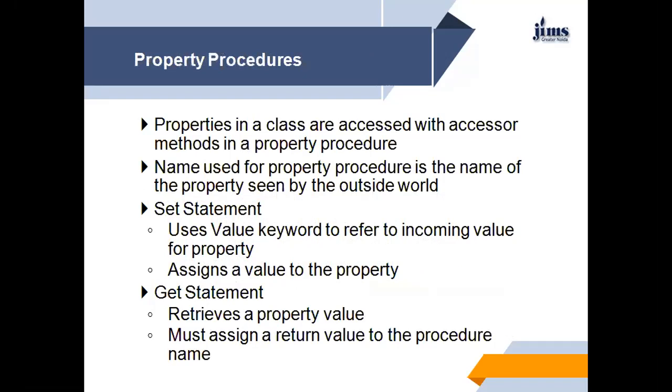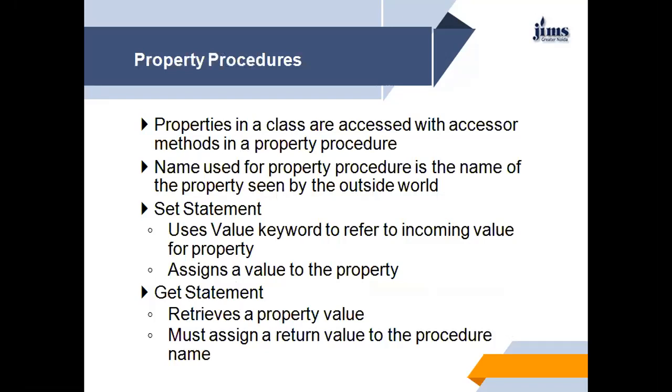Now, properties in a class are accessed with accessor methods in a property procedure. The name used for the property procedure is the name of the property seen by the outside world. We can use get and set statements. The Set statement uses the Value keyword to refer to the incoming value for the property and assigns a value to the property.